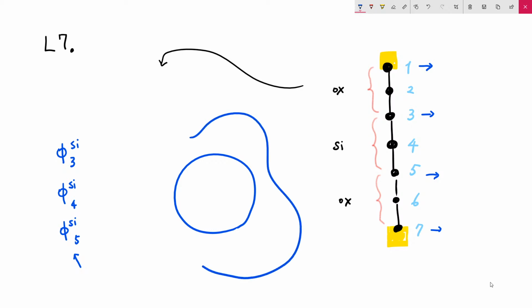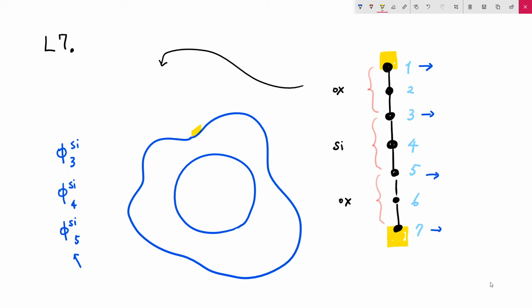But let's say that you have to solve this type of structure. So, a two-dimensional cross-section of a certain device.